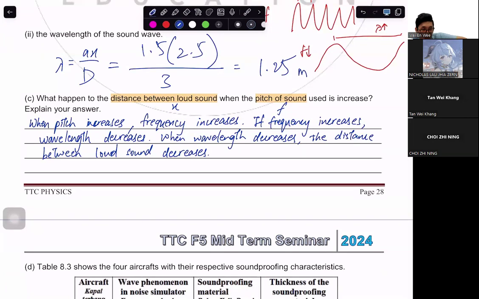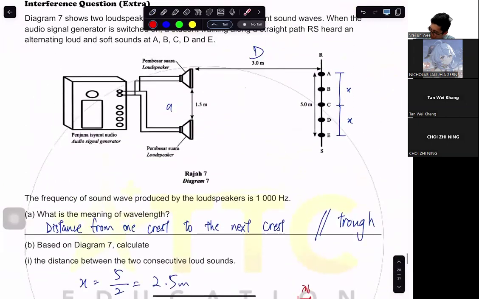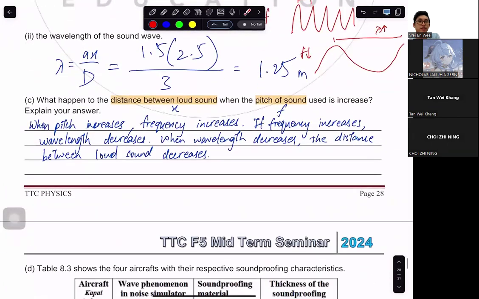Loud sound is constructive interference, which is anti-node. The point where you have the loud sound, we call that the anti-node. Soft sound is called node, which is where we have destructive interference, where the sounds cancel each other out.